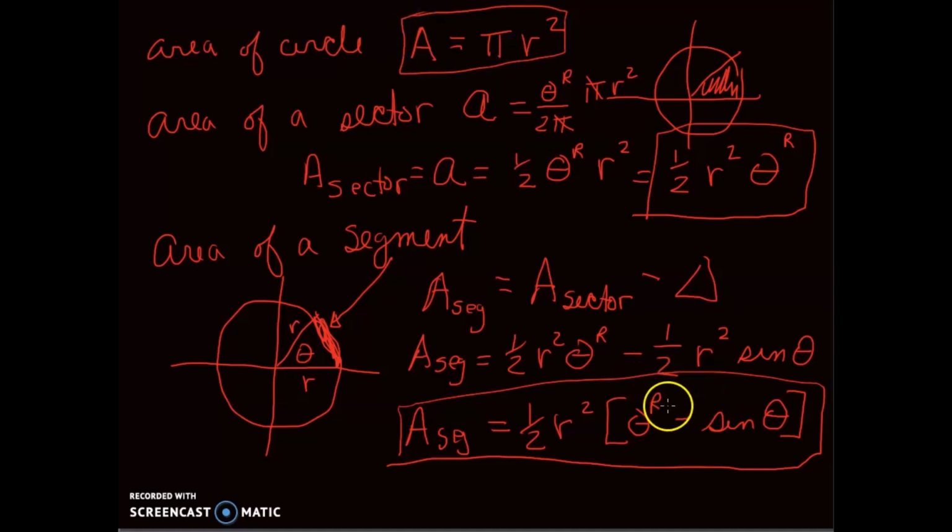So how do we get this 1/2 r squared sine theta? Well, let's change colors to make this a little more interesting. Let's take a look at that picture again. There's the segment. So this is that triangle.